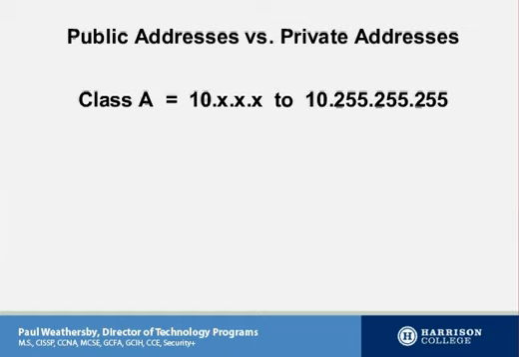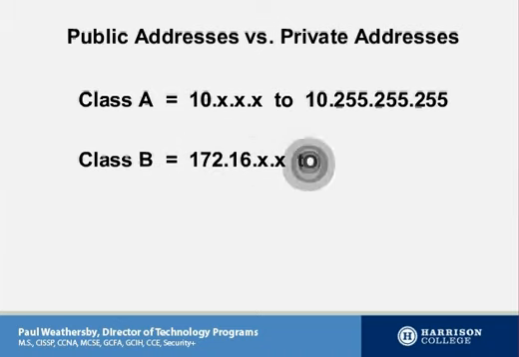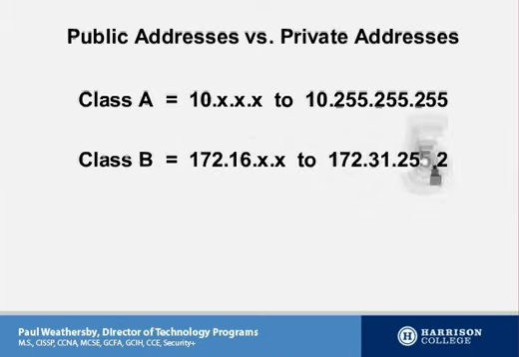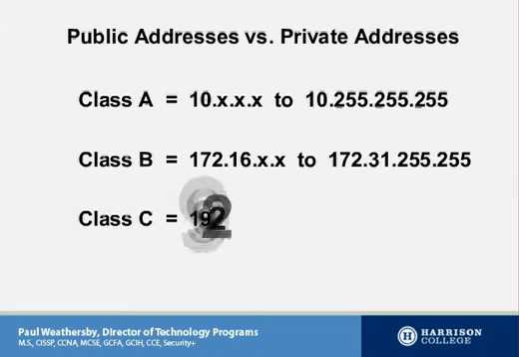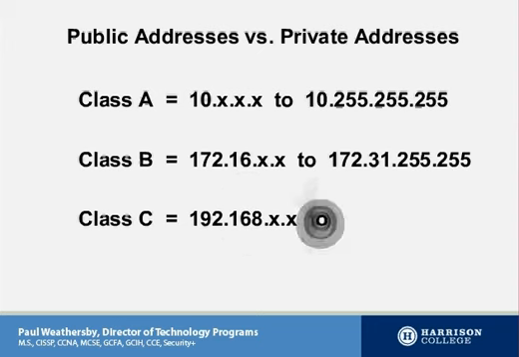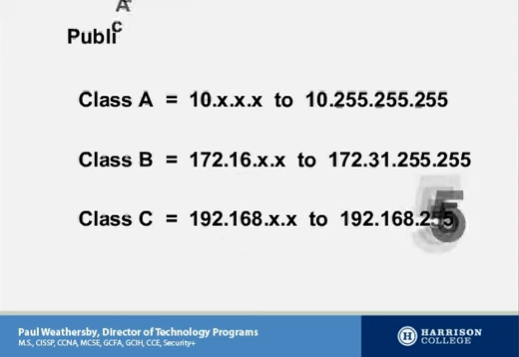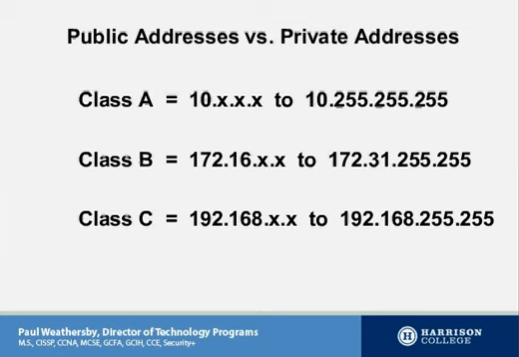In Class B, the private address scheme is 172.16.x.x through 172.31.255.255. And in Class C, the private address scheme is 192.168.x.x through 192.168.255.255.